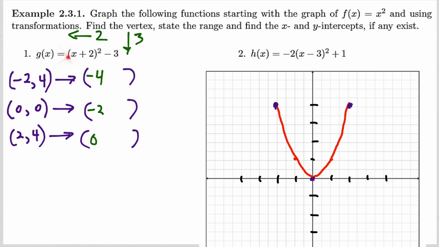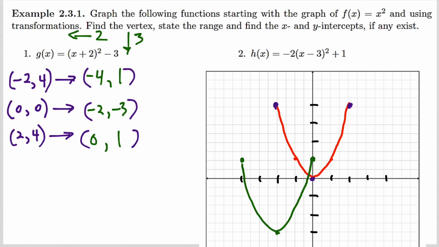But since this is just a 1 here, the only thing we need to do to transform the y-coordinate is subtract 3. So 4 minus 3, 0 minus 3, 4 minus 3. So there's my graph of my transformed quadratic.